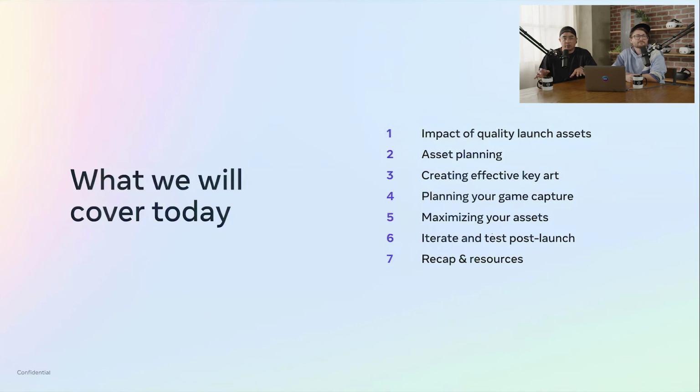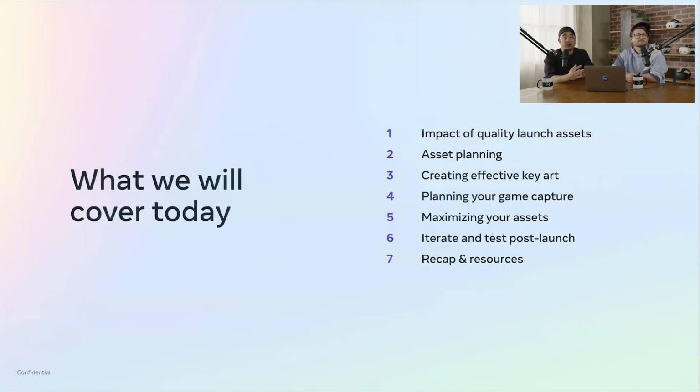So what are we going to cover and what does that look like? We're going to start with why quality launch assets really matter. As developers and creators, you have an advantage over larger studios, not just in speed, but also your ability to experiment with your content production. Knowing that, we'll work backwards from launch day, mapping out when you should start planning your content production.